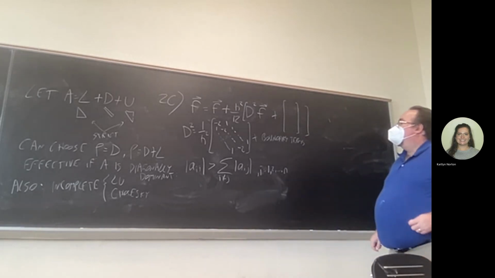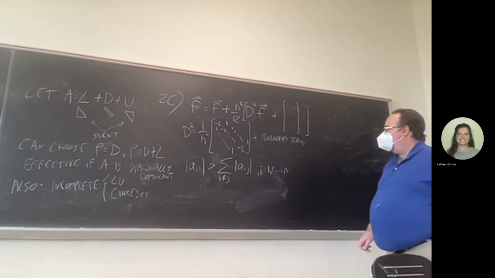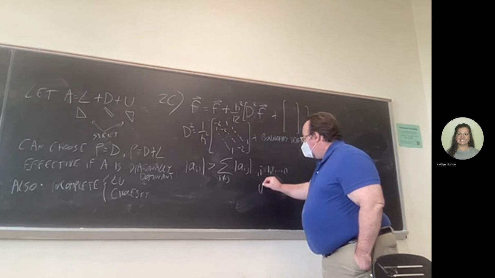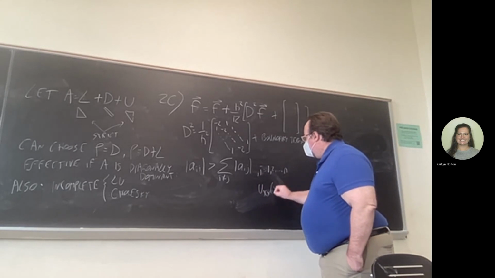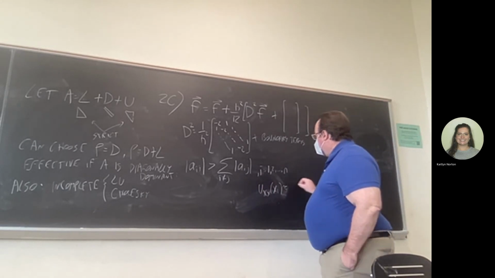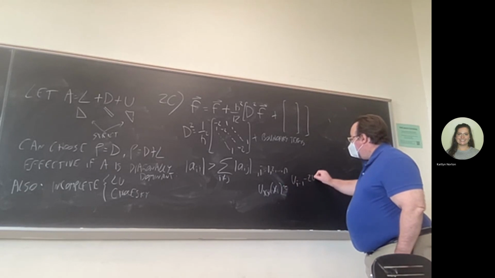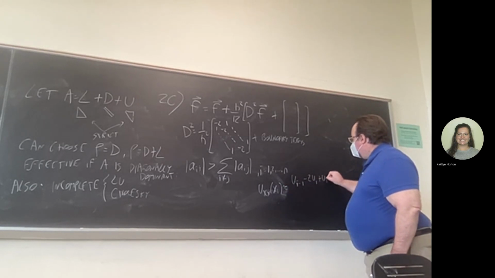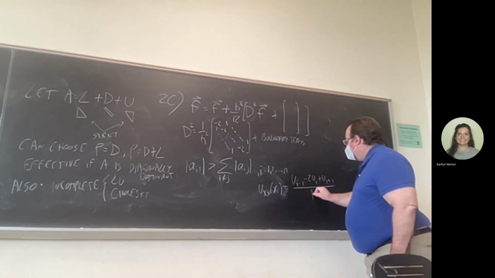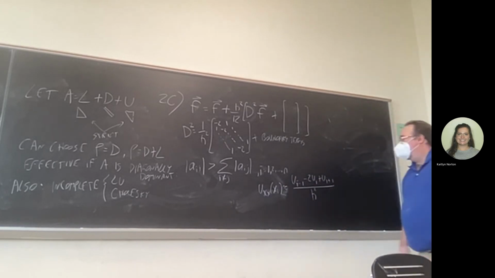Okay. If you think about the finite difference scheme, u_xx at x_i is approximated by (u_{i-1} - 2u_i + u_{i+1}) over h squared.